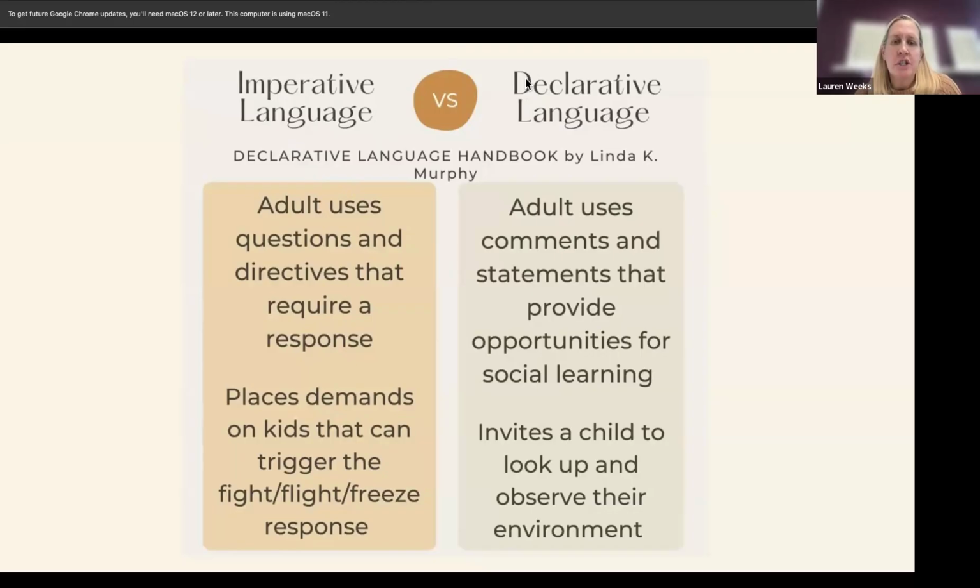To start, just a little bit of an operational definition of declarative language versus imperative language. They are all forms of communication. Our goal with language is to help kids understand what we're asking of them. And our ultimate goal for all of our kids, neurodivergent or neurotypical, is to be able to take meaning from what we are communicating.